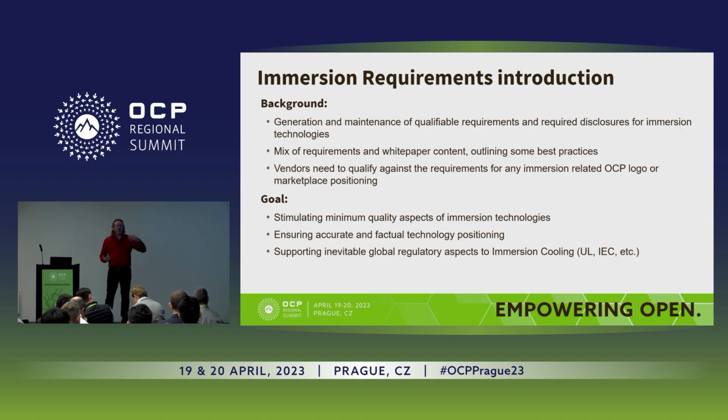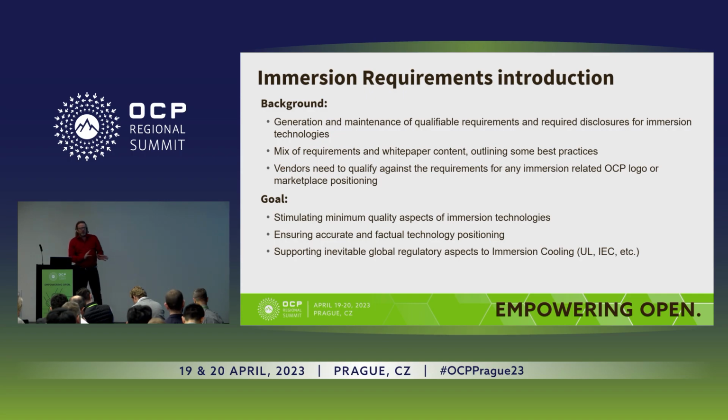Therefore, the requirements documents are a mix of very explicit requirements, but also contain white paper-like content, which explains some of the best practices or elaborates on the reasons why or how you could look at certain elements, right?